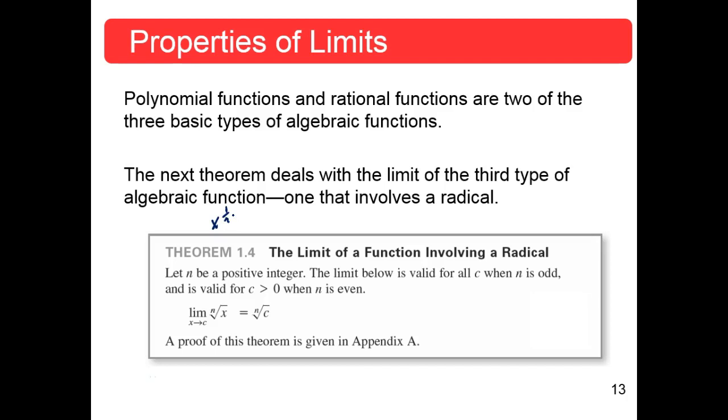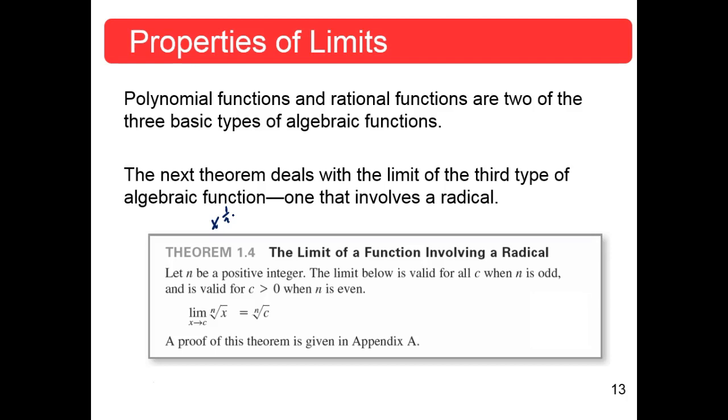Well, that n has to be positive. We don't ever deal with indices of a radical which are negative. So n has to be positive, okay? Can't even be 0. In fact, we usually don't have n equal 1 because the first root of x is just x. So n is 2 or greater, okay?